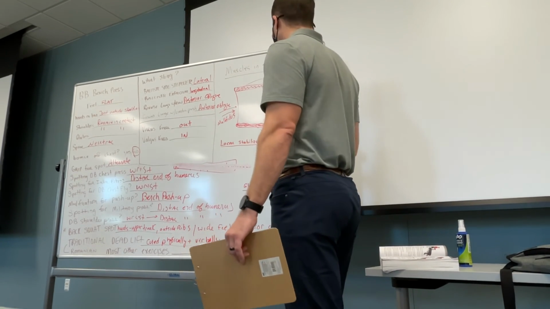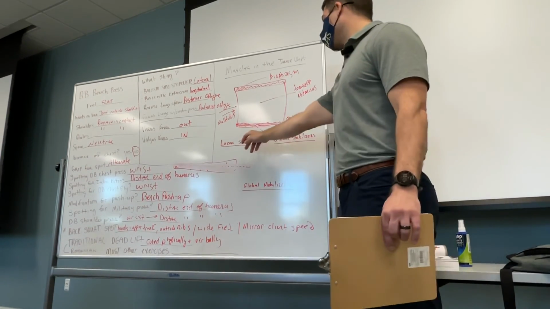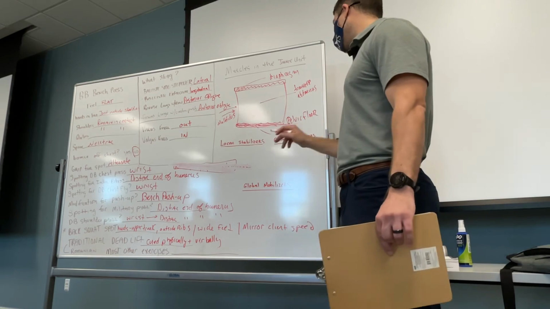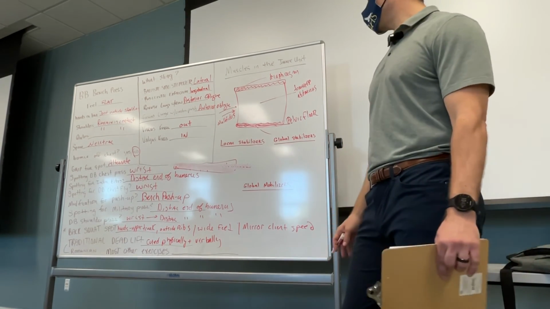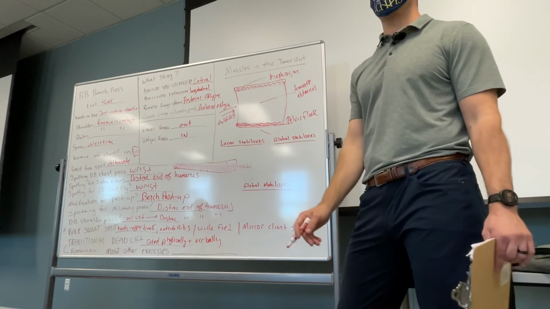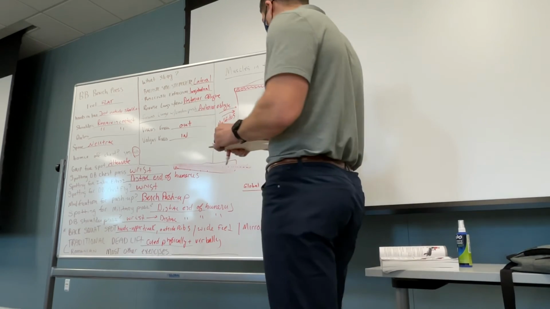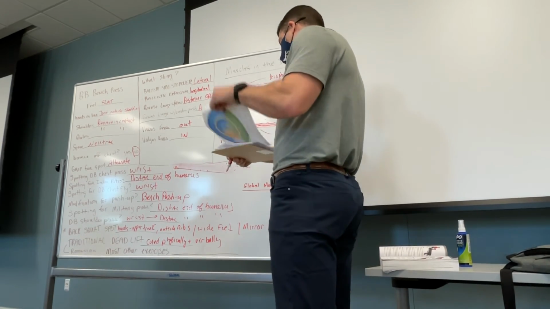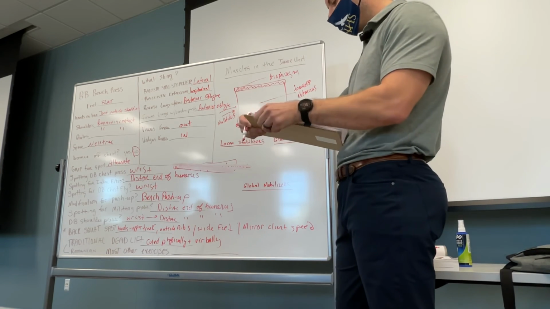Okay. Are these local stabilizers, global stabilizers, or global mobilizers? What would you say the inner unit would be? Local stabilizers, correct. What is the role of a local stabilizer?